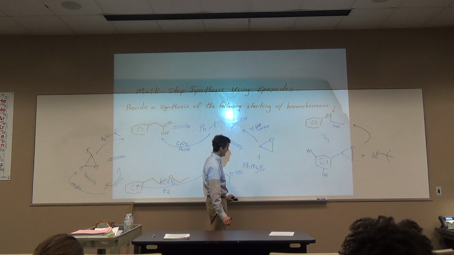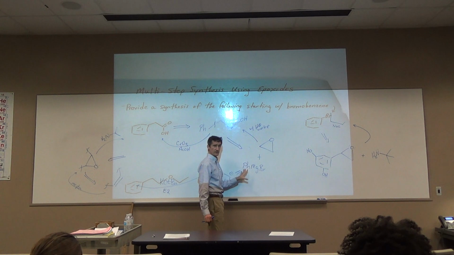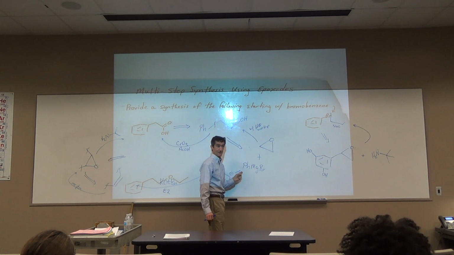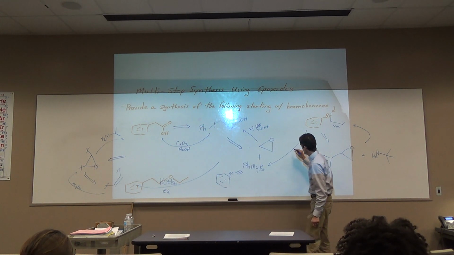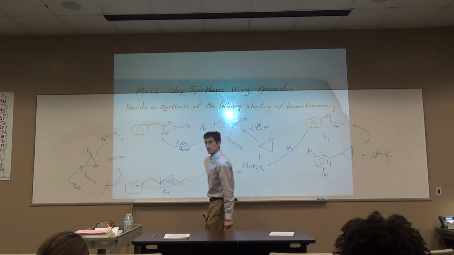This said starting with bromobenzene. Can you take one of these back to bromobenzene? Yeah. How do you make this? You take bromobenzene and you react it with what? Magnesium metal. Make the Grignard.